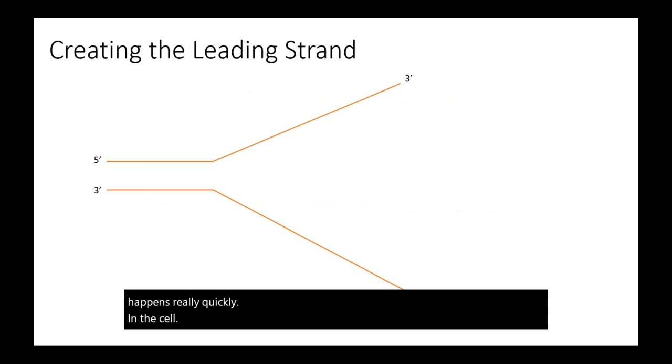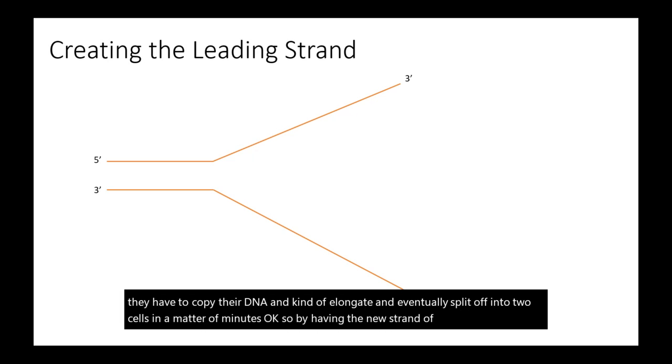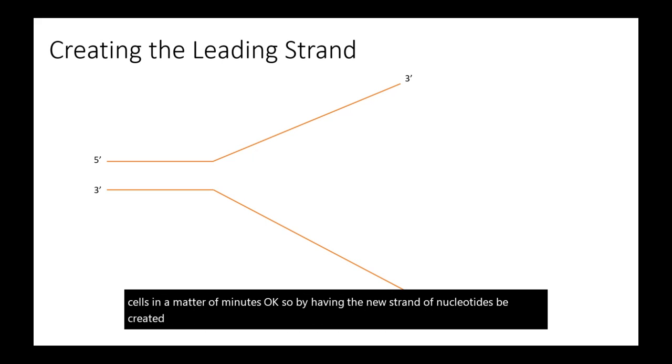Remember, bacteria completely divide within 20 to 40 minutes. So that means they have to copy their DNA and elongate and eventually split off into two cells in a matter of minutes, okay? So by having the new strand of nucleotides be created bidirectionally, it's just making sure that all of these important processes happen in a timely fashion.